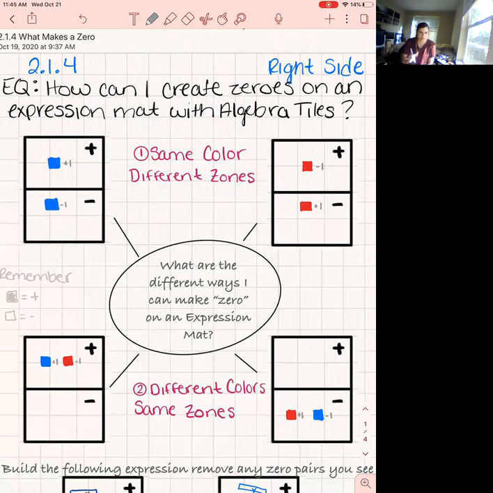You can cross them off. They have created zeros, and that includes if I had a blue X tile on top and a red X tile on the bottom. It doesn't matter what the tile is. It could be unit tiles, X tiles, Y tiles. If you have two of the same color in different regions, so 2 blue X tiles, those X tiles are gone. You are looking for tiles that cancel.